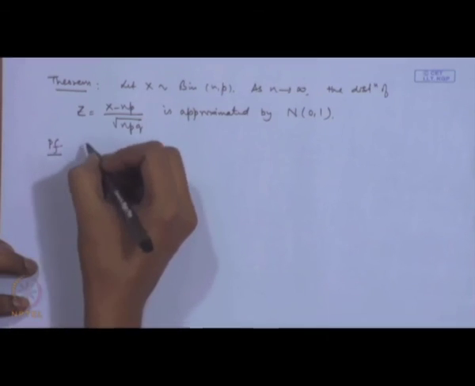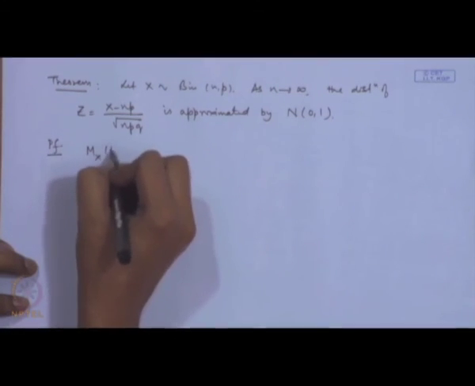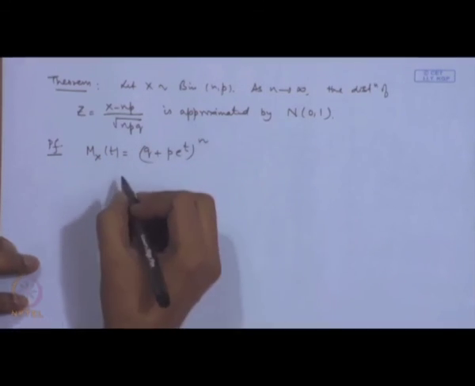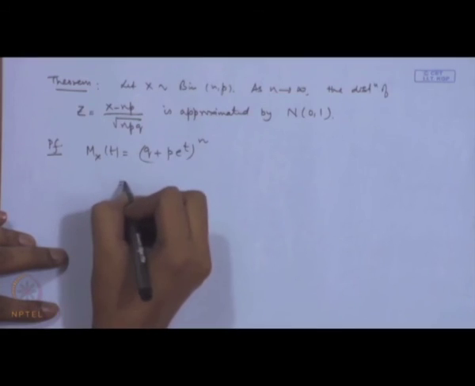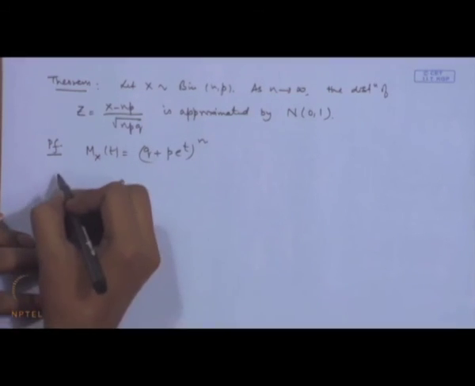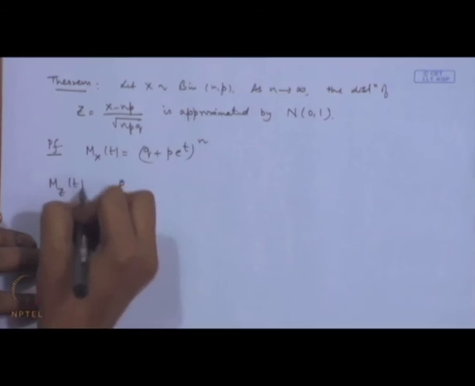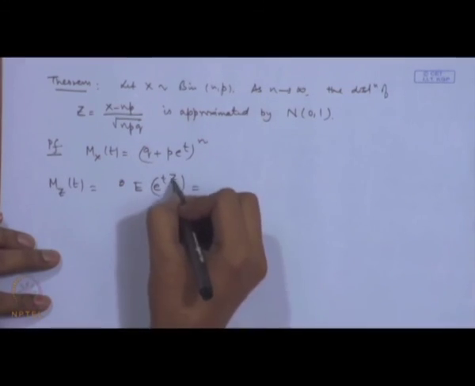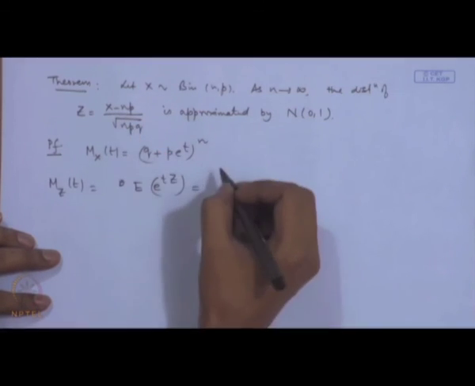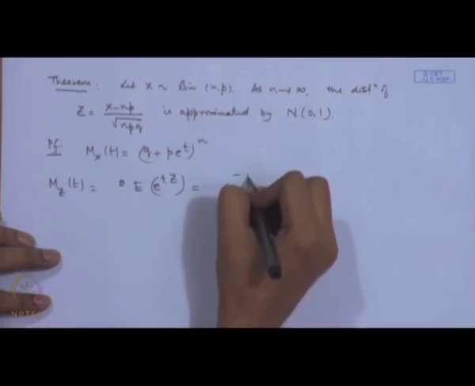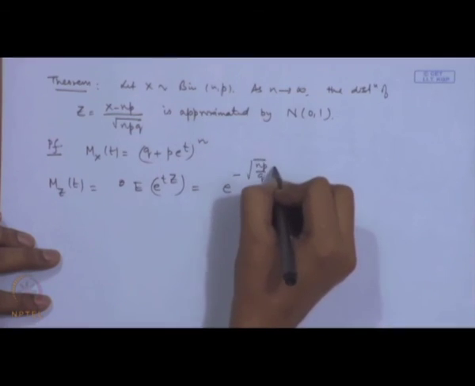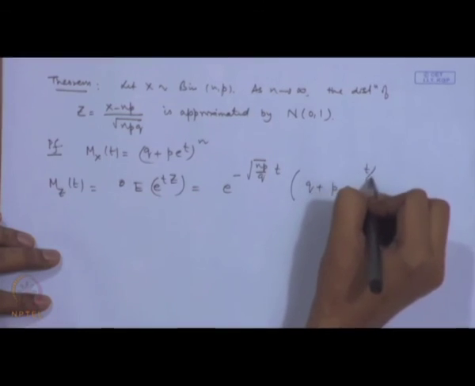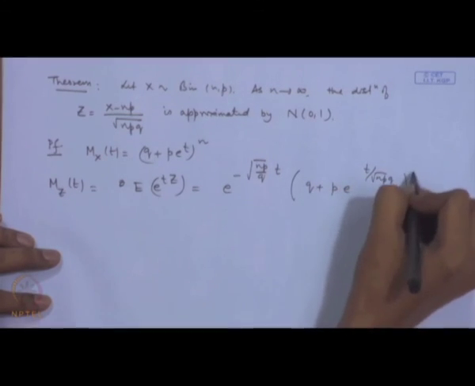The proof is, you consider the moment generating function, that is equal to (q plus p e to the power t) to the power n. Now consider the moment generating function of z. That is equal to expectation of e to the power t z. If you substitute z, this turns out to be e to the power minus root n p by q into t, (q plus p e to the power t by root n p q) whole to the power n.